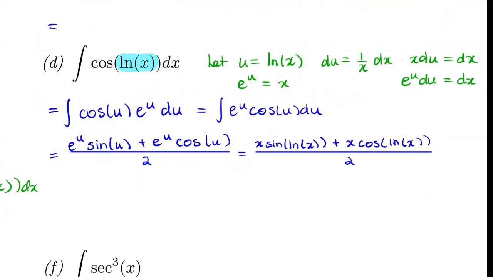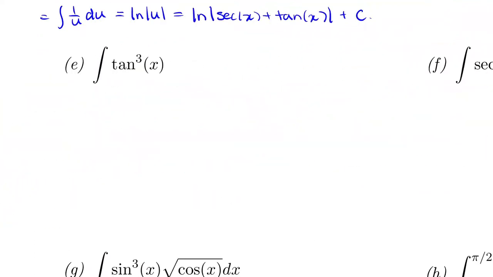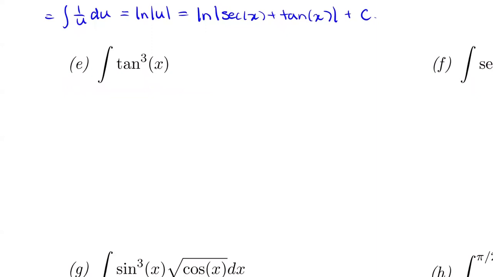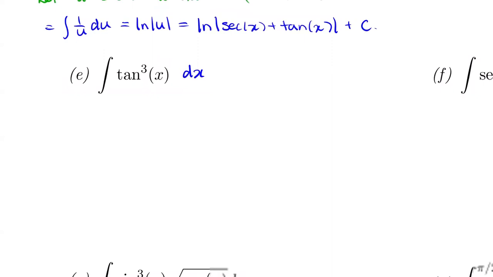Okay, so let's have a look at part E. So we have a tan cube of x now. Also missing a dx here, so let's not forget about that. So I'm going to break the tan cube of x. We have the case that tan cube is odd, so m here is going to be the odd one.